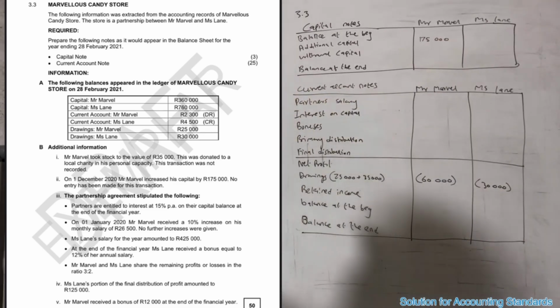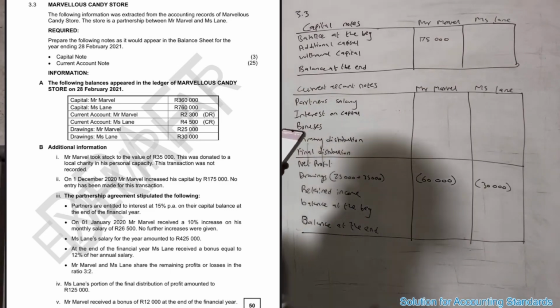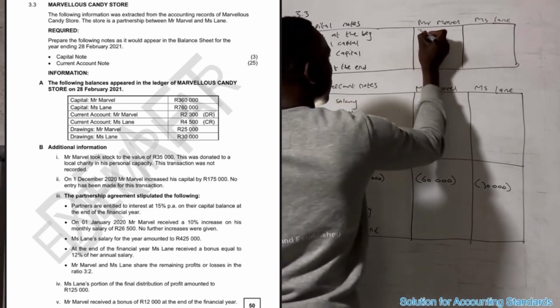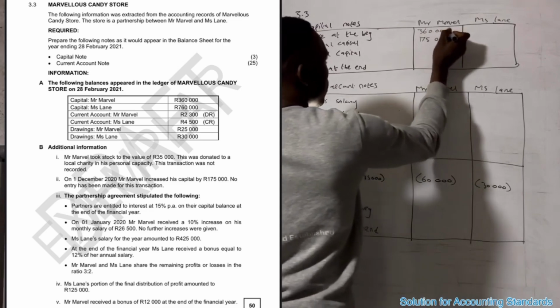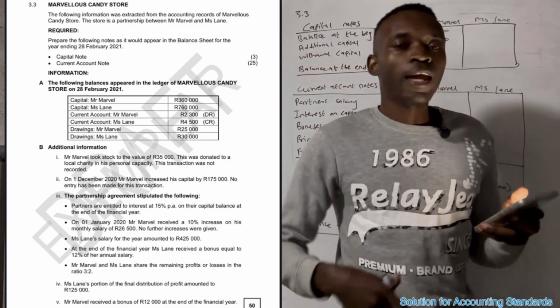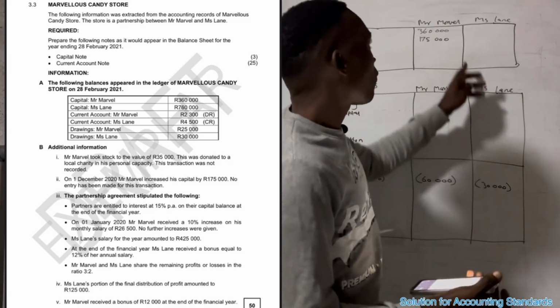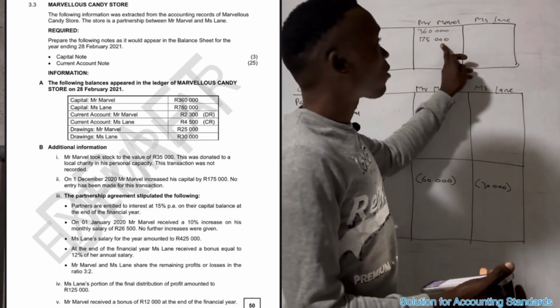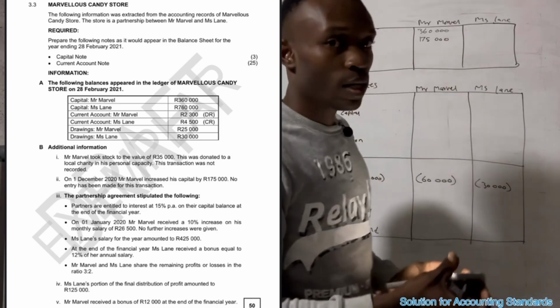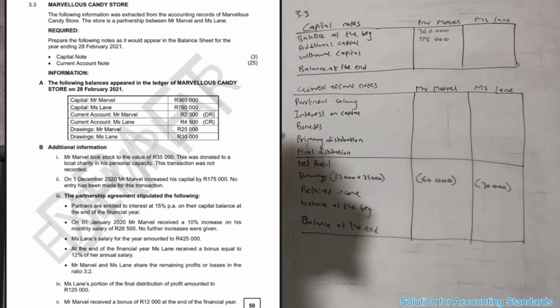Okay, and they say that this was not recorded, which means that the 360 for Marvel was the balance at the beginning, because it was not recorded. If it was recorded, guys, that's where you were going to do what? First subtract this 175,000 from this amount and you get the balance at the beginning. But it was not given. Okay.